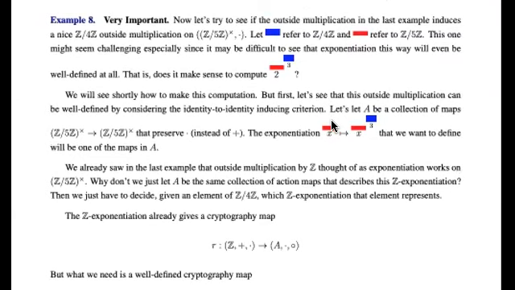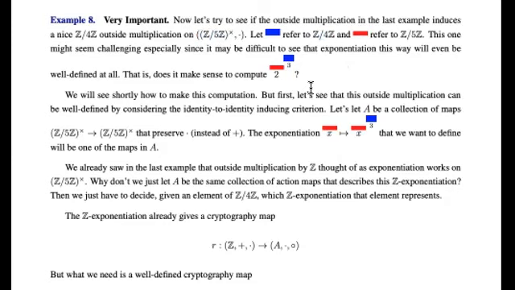We know that when we raise things to an integer power, that's actually an outside multiplication from the last example. So really what we're trying to say is, can we outside multiply via exponentiation by the group Z mod 4Z when we look at Z mod 5Z cross, this multiplicative group? Does it make sense? Is it well defined?